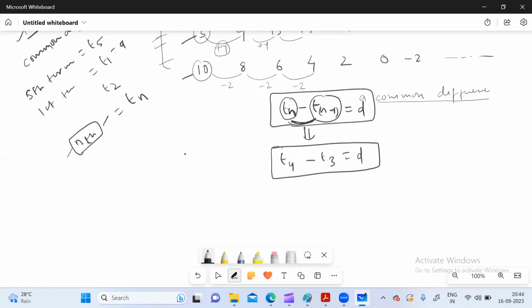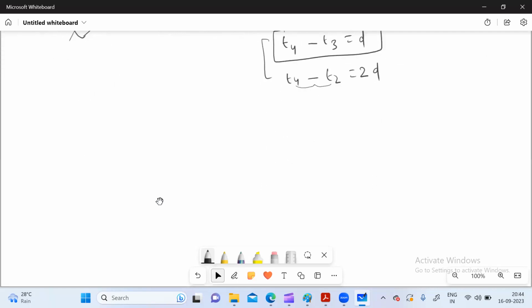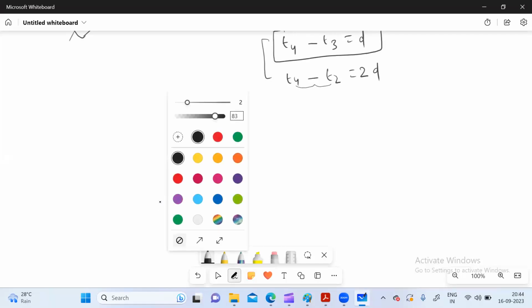Then we can say T4 minus T2. What will be the value of these two? It will be two times the difference, because first it was T4 minus T3, then T3 minus T2. This will be two times the difference. So this is how we can actually solve all the questions without using any formula.